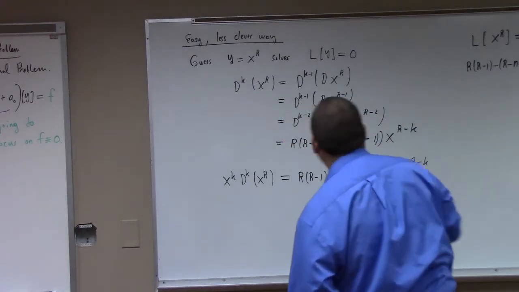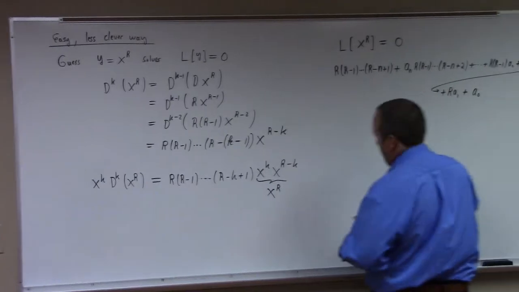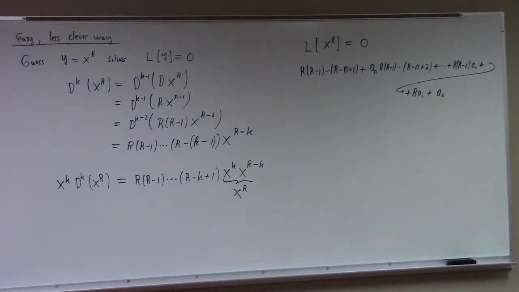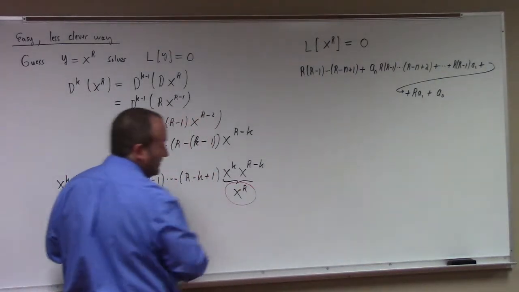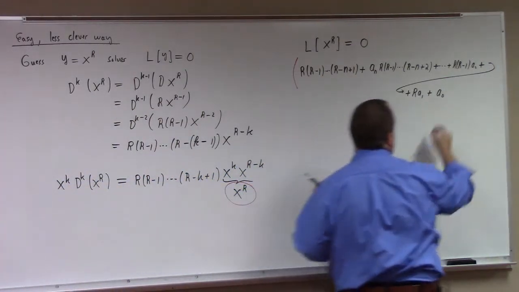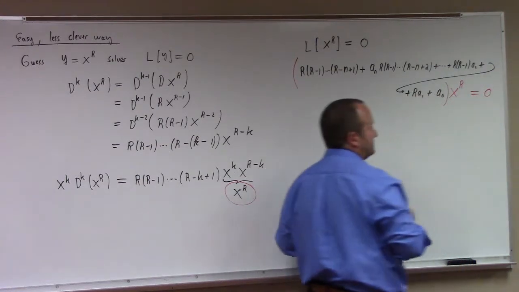Yeah. Plus, oh man, poor planning on my part. r times a1 plus a naught, right? Every single term, after you multiply by the x to the k, you're left with a residual, one of these guys. Right? So if you look at it, you can factor those out, and you've got x to the r times that equals 0.